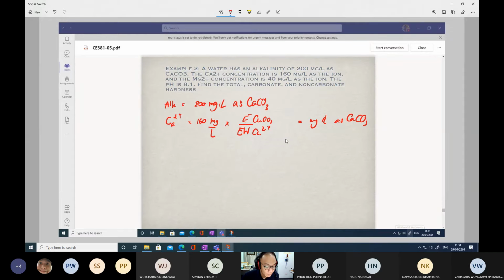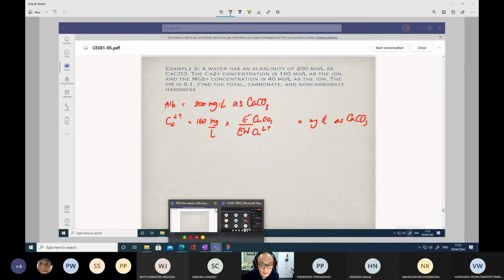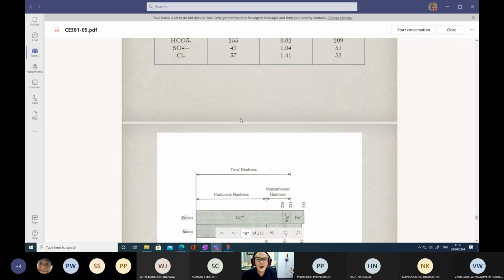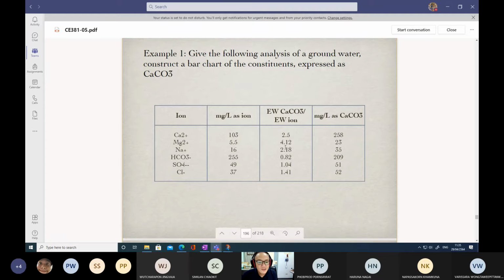Equivalent weight of calcium ion, this one we have already done previously. So it's here. For calcium, you have to multiply by 2.5. For magnesium, you have to multiply by 4.12.